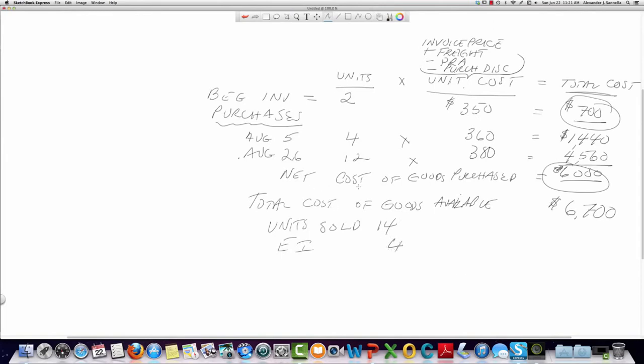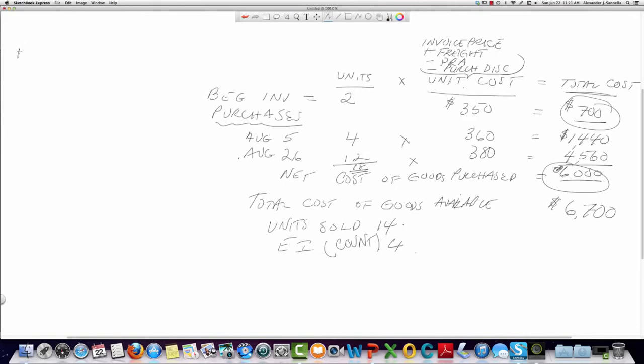Because again, if we look at the total units available, it's 18. So I have 18 units available, and therefore I need to know how many units I've sold and how many units are on hand. I physically count. I count the inventory at 4, and I know that I must have sold 14, or I could have information indicating that I've sold 14.